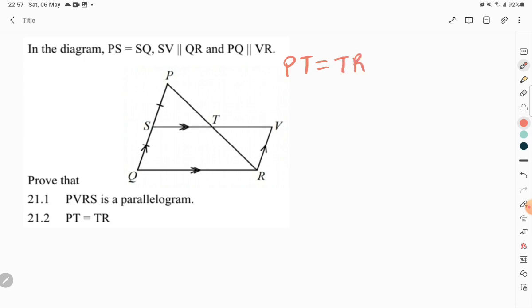Reason: it's a converse, because you can see that this S is the midpoint, and we said the line drawn from the midpoint of one side of a triangle parallel to the second side has to bisect the third side, right? So that's the reason why now we say PT has to be equal to TR. So we say this is the converse of midpoint theorem.